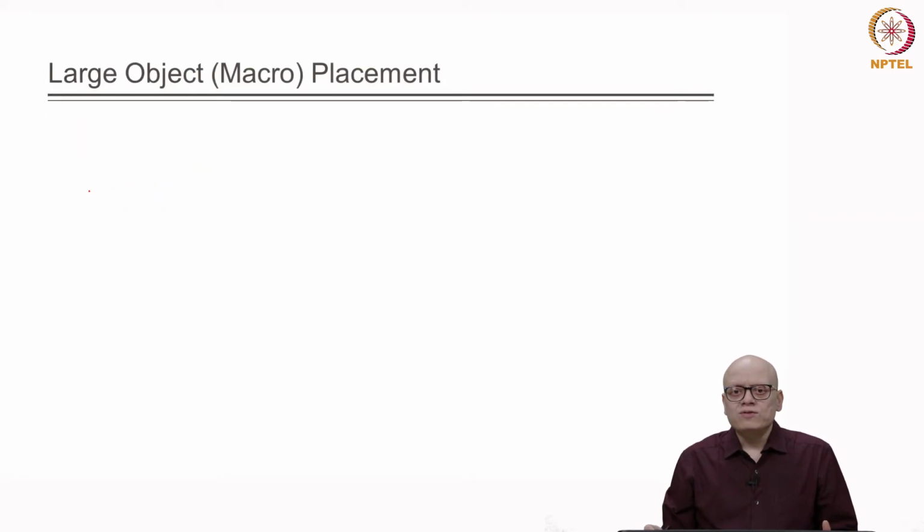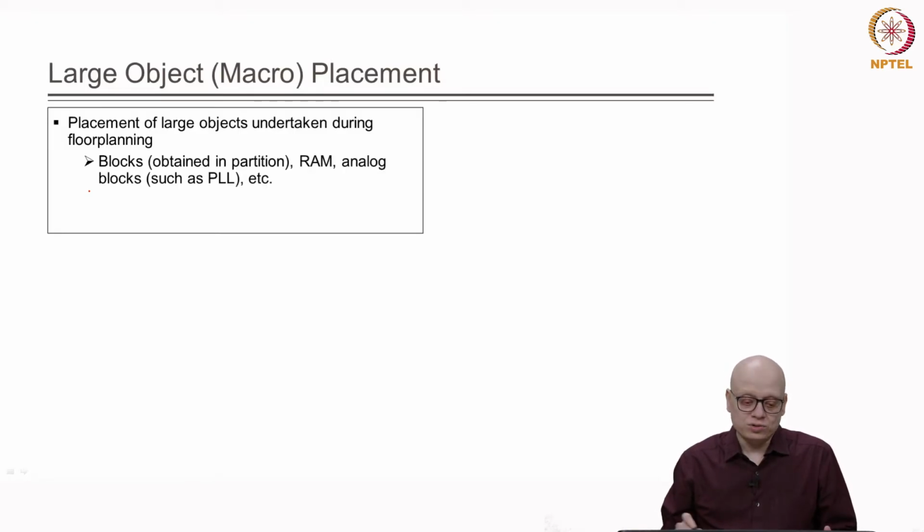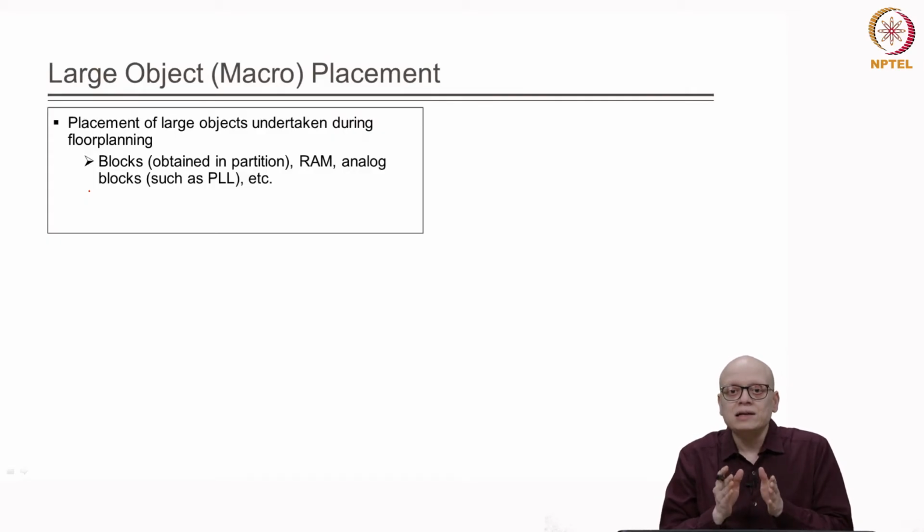During floor planning, one of the most important tasks is to place large objects. These large objects are also known as macros. Now, what is a large object or macro? These can be the blocks. In the last class we discussed that for a big design we do partitioning, and after partitioning we get blocks.